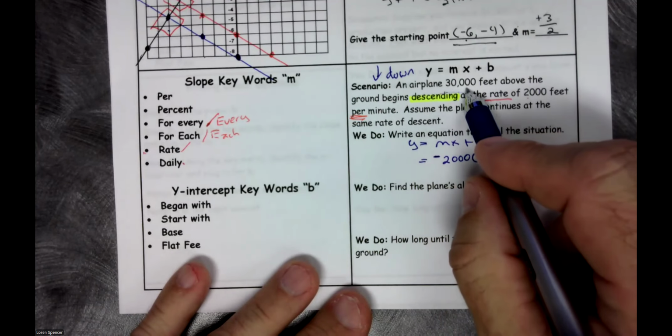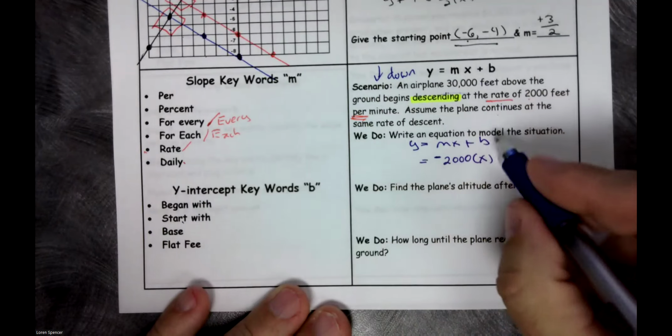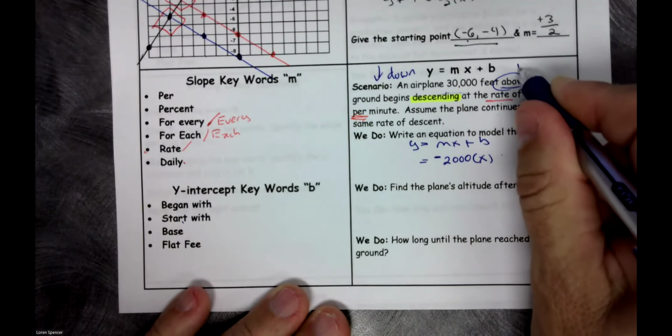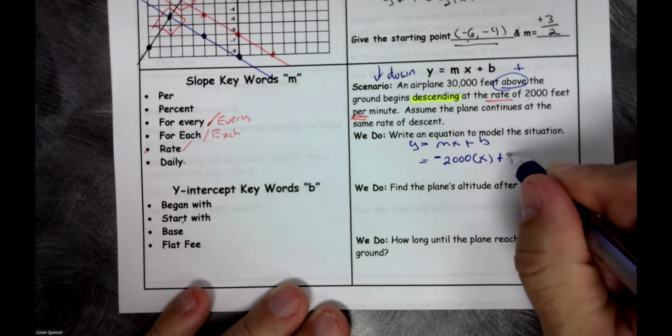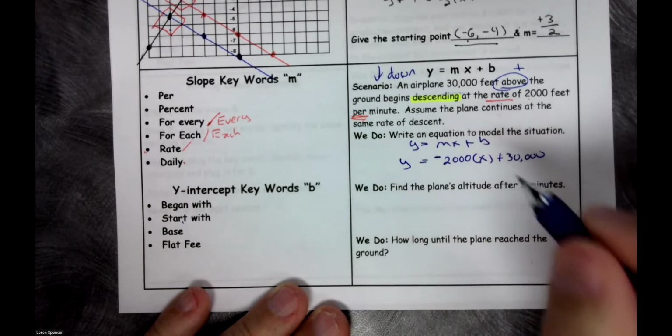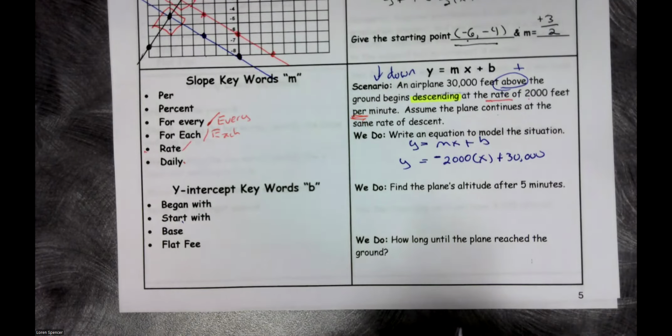We have this 30,000 feet. What is that? Well, that's where it started. It started at 30,000, and that's 30,000 above, and above is positive, so this is plus 30,000. So y equals negative 2,000x plus 30,000, and we've written our equation.